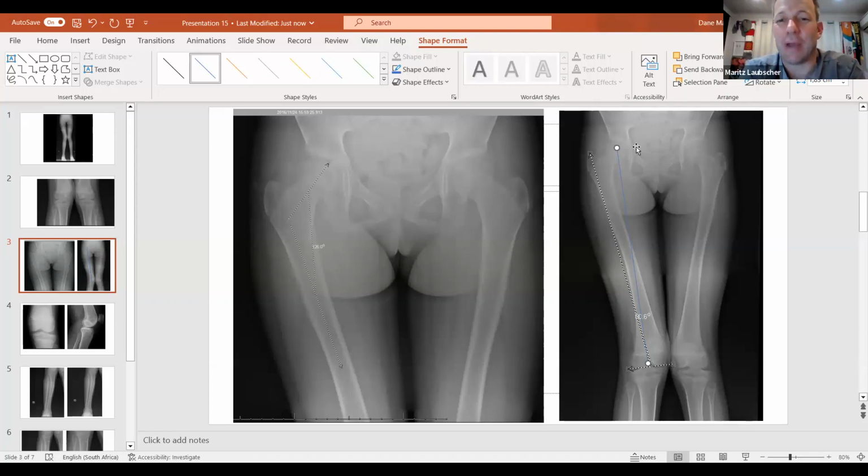So basically in an S-shape, where there's a combination of translation and angulation, even in trauma, you can have a normal mechanical axis but gross deformities. So you should always look at both.